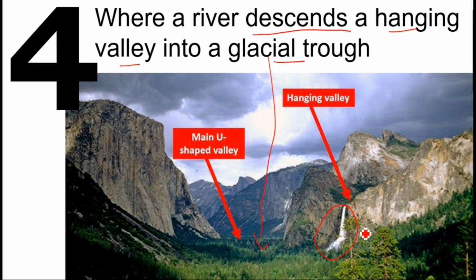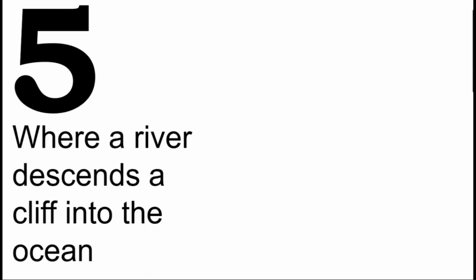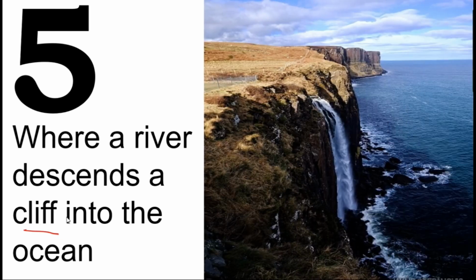I'll do a video on glaciation to cover the formation of these features in glaciated areas. And then the fifth and the last one is where a river is descending a cliff into the ocean. This is quite easy.